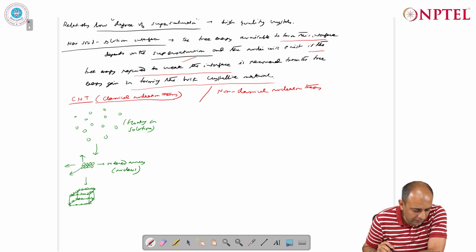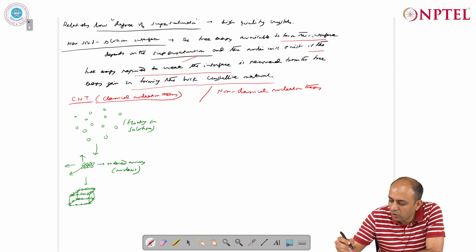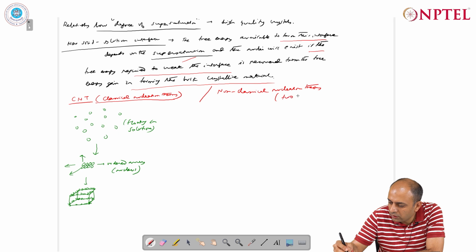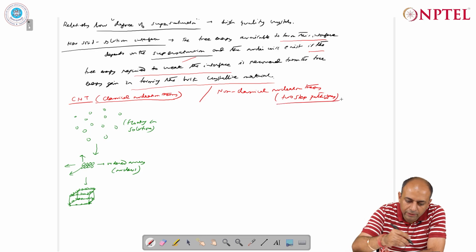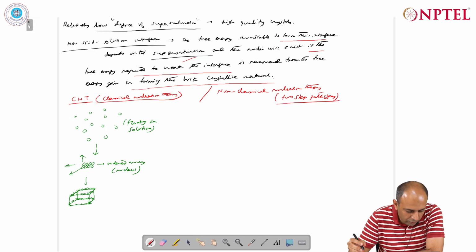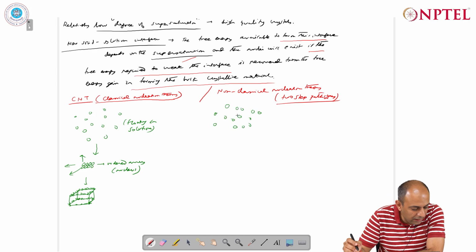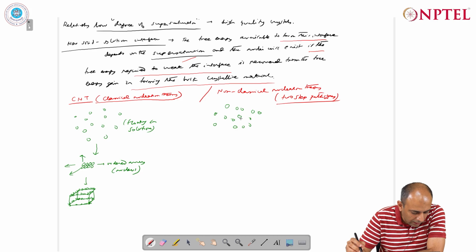This is referred to as the classical nucleation theory, whereas in the non-classical nucleation theory, it actually follows a 2-step pathway, wherein we have first a random collection of particles which contain the atoms or the molecules which are floating around in the solution.